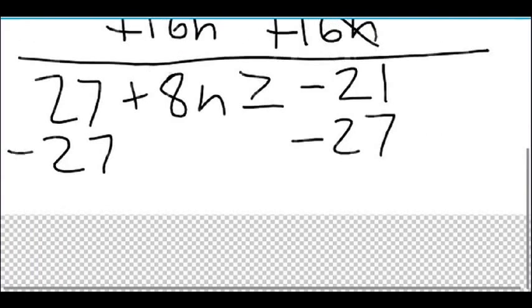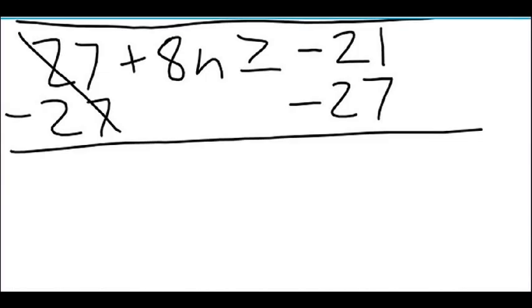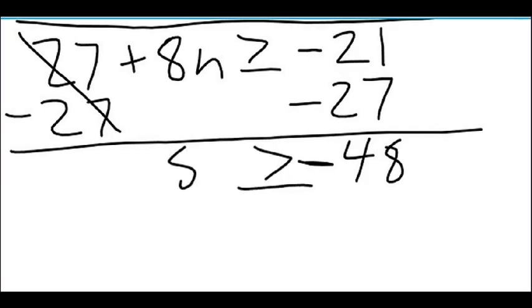The 27s will cancel out. -21 and -27, that is not subtraction. Both signs are the same, so it's better to add them and keep the sign. So I'm left with 48, and that was negative, because both the numbers were negative. And 8n is greater than or equal to -48.